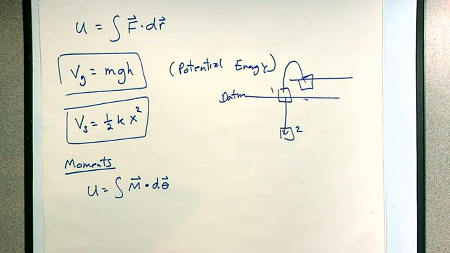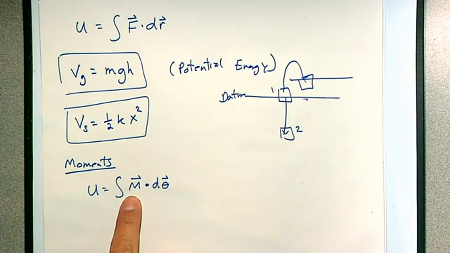And think like, hey, those units make sense. I got force times distance, Newton meters. Here I've got moment, Newton meters, and theta, which is kind of our junk variable, right? Radians don't come along. So again, this is going to end up being Newton meters.